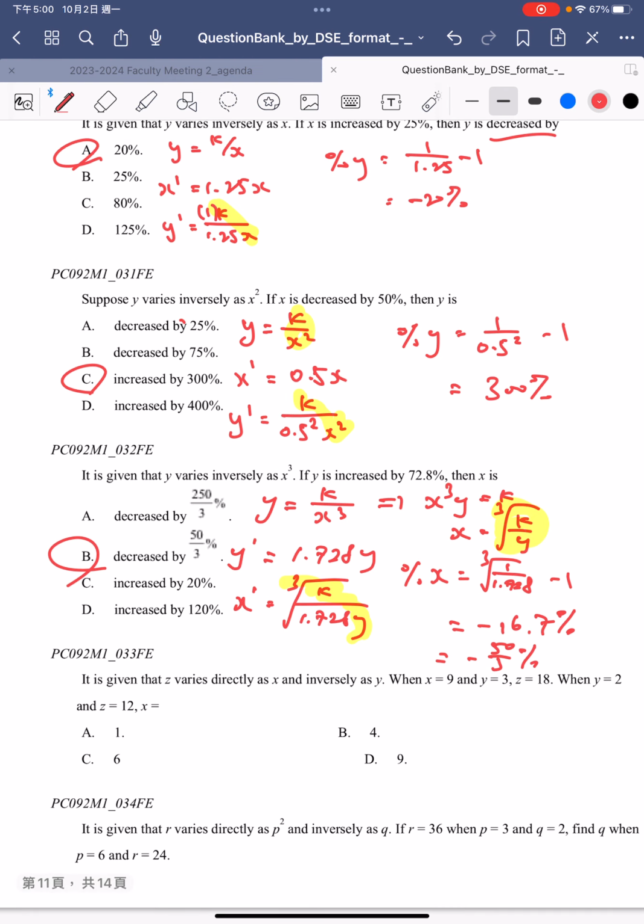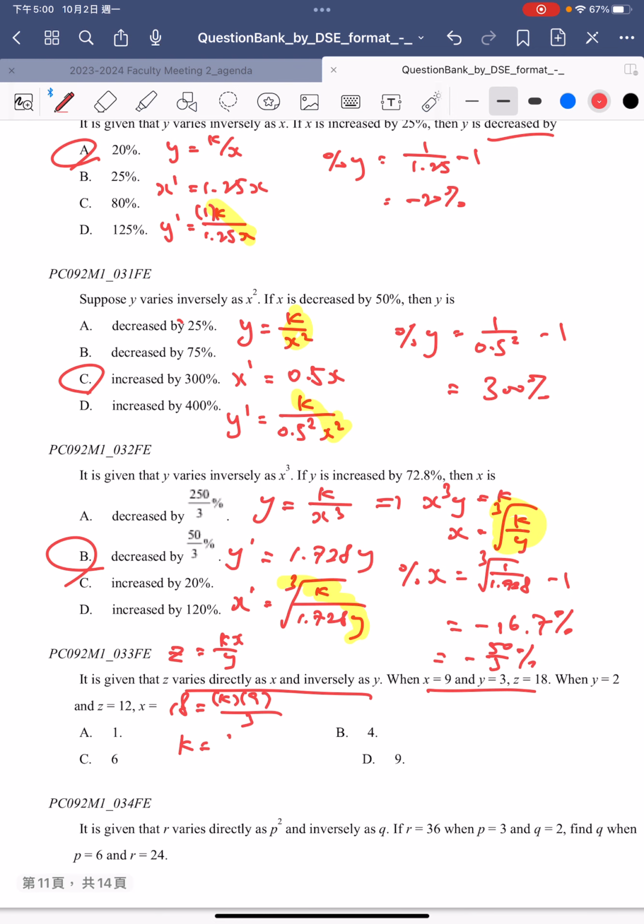So for question 33, we have the joint variation. They said z varies directly as x and inversely as y. So we have z is equal to kx over y. Then we can substitute in this condition: z is equal to 18, x is equal to 9, and y is equal to 3, so the variation constant is going to be equal to 6.